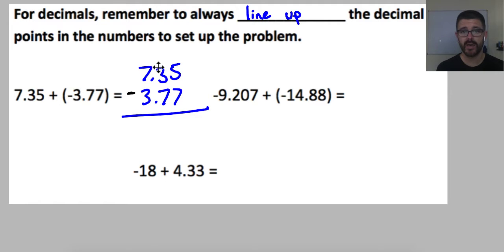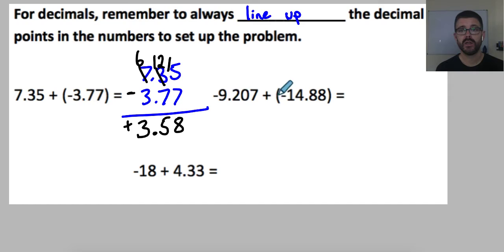I can't do 5 minus 7, so I come over and borrow. 15 minus 7 is 8. Can't do 2 minus 7, so I have to come over here and borrow and make it a 12. That gives me a 5. Decimal slides down, and 3. So different signs, subtract, take the sign of the higher number. The positive was higher, so it's going to be a positive 3.58.